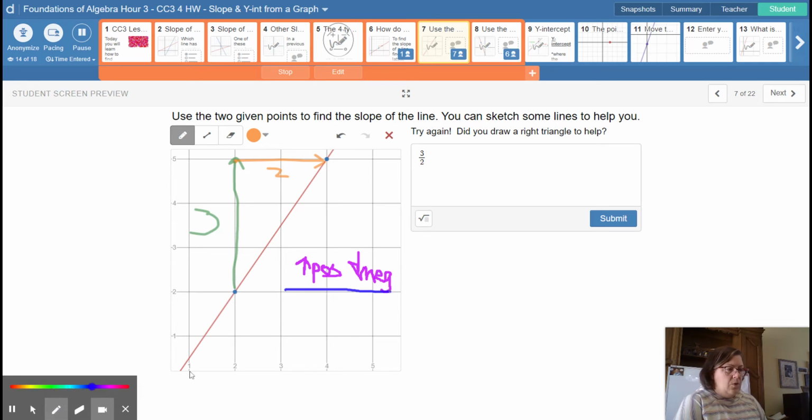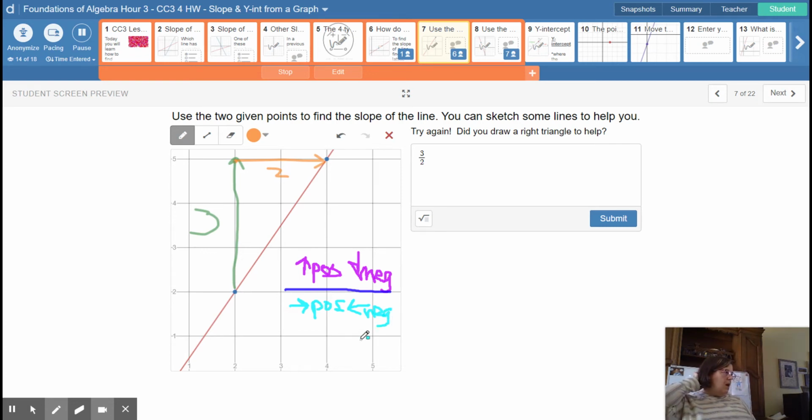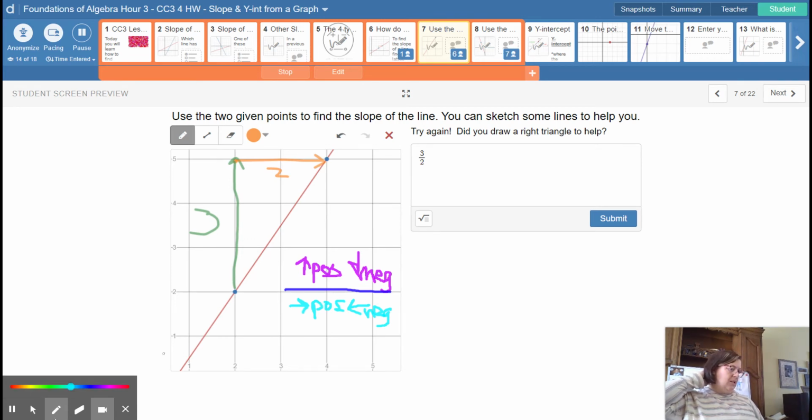If you go to the right, it will be positive. And if you go to the left, it will be negative. All right, again, when you are finished copying slide 7 on yours, move up to slide 8 and give that one a shot.